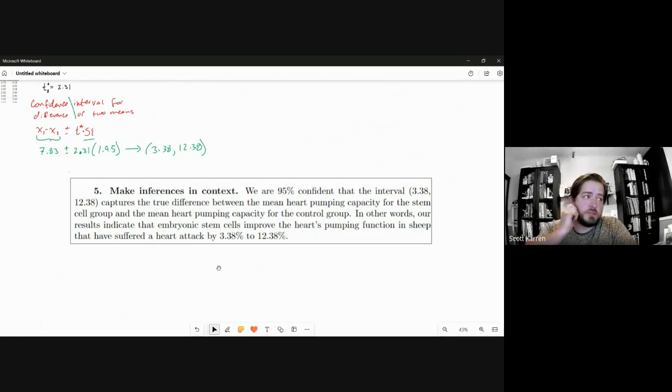In other words, our results indicate that the embryonic stem cells improve the heart's pumping function in sheep that have suffered a heart attack by somewhere between 3.38% to 12.38%. Because 0 is not in there and there are no negative numbers in there, you can justifiably say our research suggests that the embryonic stem cell creates a positive change in the heart's pumping function.